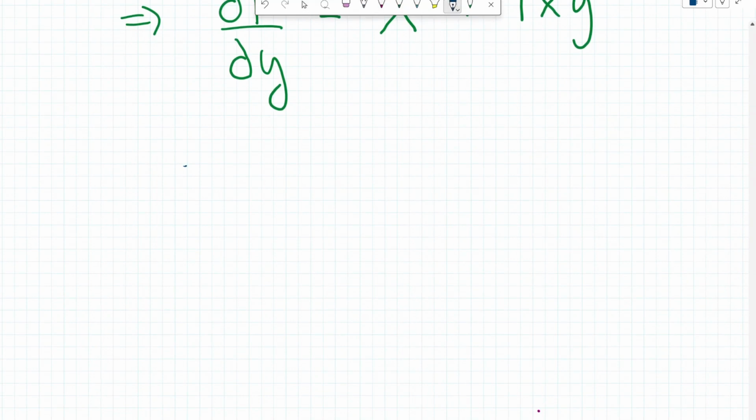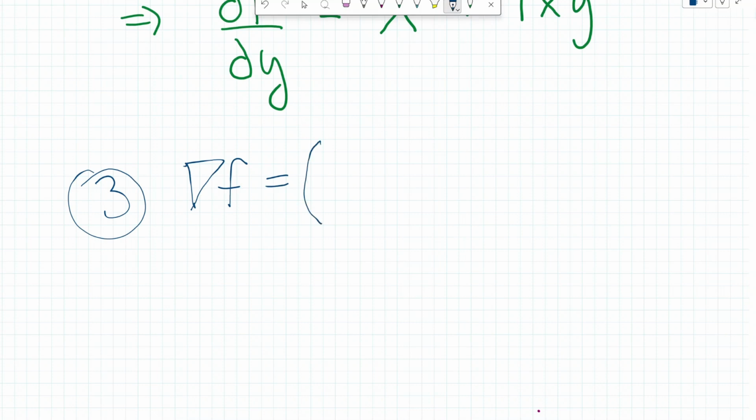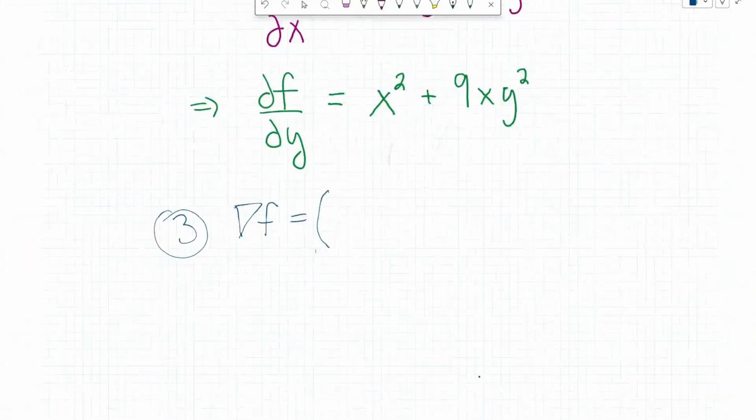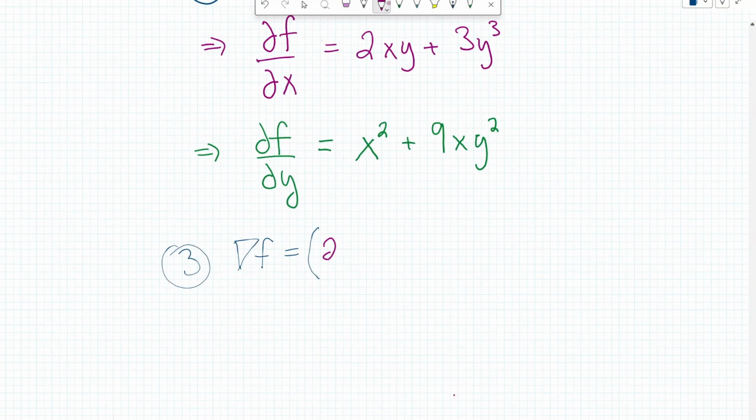All we have to do now is take what we found and put it into a vector to get our gradient. So we're collecting our partial derivatives. That means that the gradient of f equals 2xy plus 3y cubed, which represents our partial derivative with respect to x.